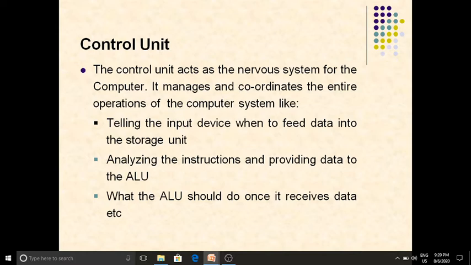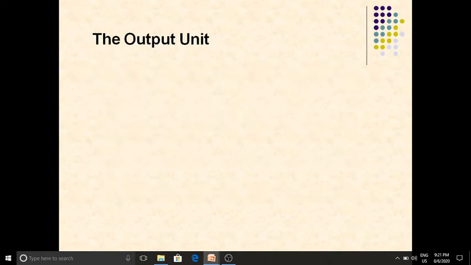Because it controls all the connections and all the instructions, everything is controlled by the control unit, which is a part of the CPU. The central processing unit is divided into three parts: the control unit, the arithmetic logic unit, and the memory unit. Students, we are discussing all these important parts of the central processing unit.